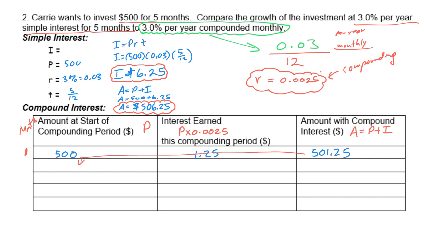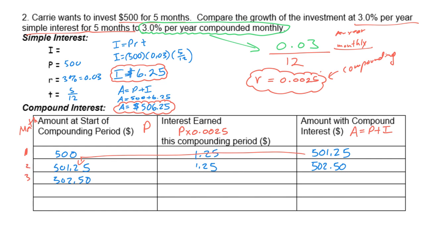Now we need to take that and carry it down to the next month. So now at the start of the next month, you have $501.25. You're going to multiply that by 0.0025, and you're going to get, again, $1.25. And that gives us $502.50. And we carry on. 502.50 carried down to the, well, isn't that the third month?